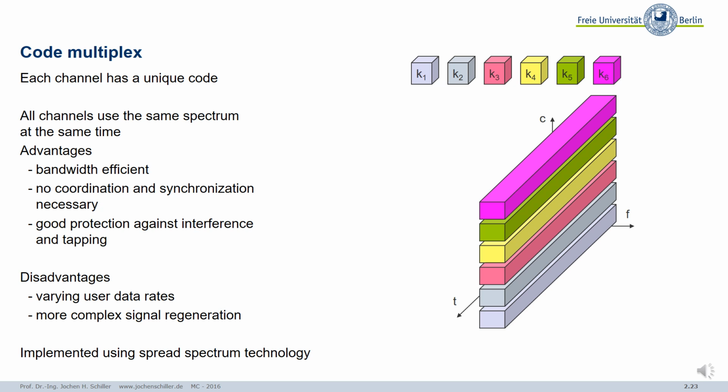And the big advantage here is you don't need any special coordination. So in the end, what you do is you just assign a certain code, and then whoever wants to communicate uses the code, and if you know the code, you can communicate. If you do not know the code, all the data sounds like noise. You cannot receive it.